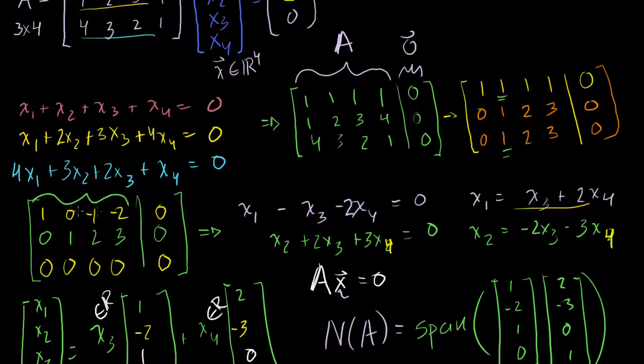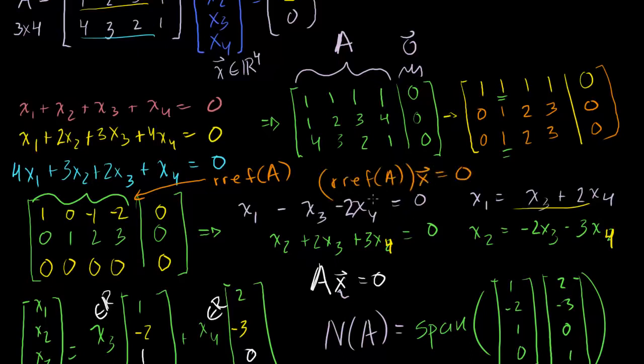That right there is the reduced row echelon form of A. This equation is trying to solve this problem: the reduced row echelon form of A times our vector x is equal to 0. All the solutions to this are also the solutions to our original Ax is equal to 0. So what's the solution to this?